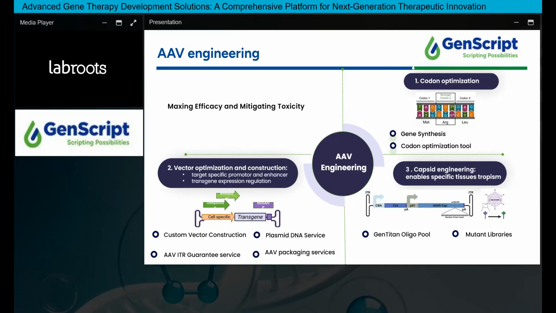At last, I will switch gears to some key AAV engineering.